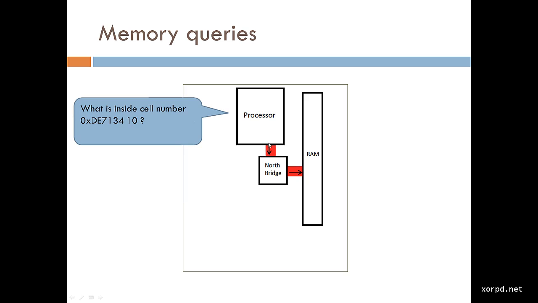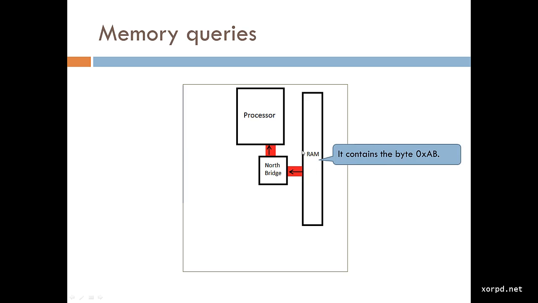This request is somehow sent to the RAM, and the RAM responds. It says it contains the byte AB. This is a bit simplistic, maybe even too simple, but basically this is what it boils down to. It's just communication between two parts on the system.